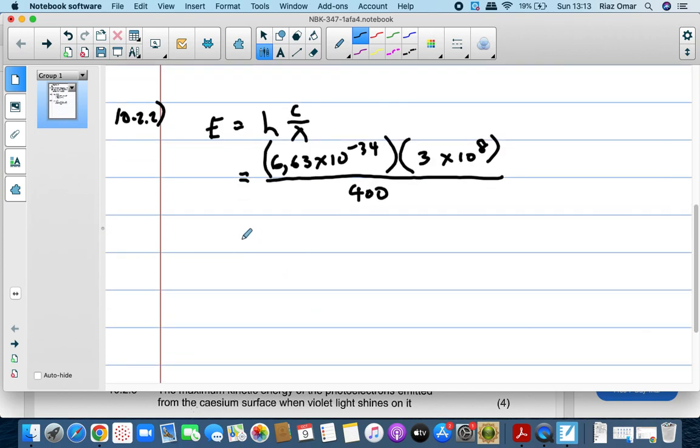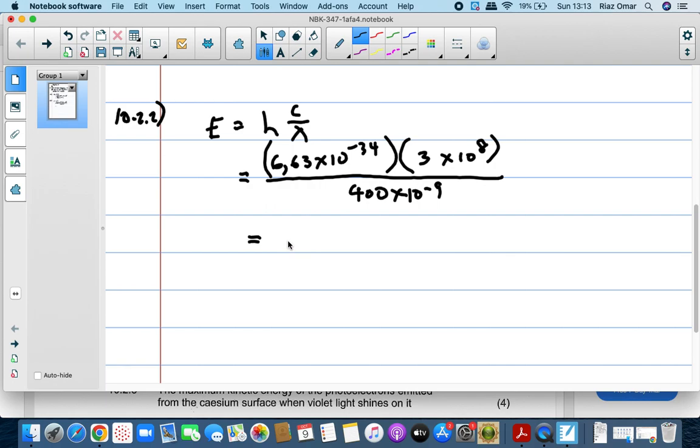If you work that out, take your calculator: 6,63 times 10 to the minus 34, multiplied by 3 times 10 to the 8, divided by 400 nanometers. Don't forget, this is a silly mistake: 400 times 10 to the power minus 9. That's where you're going to make stupid errors, like me.